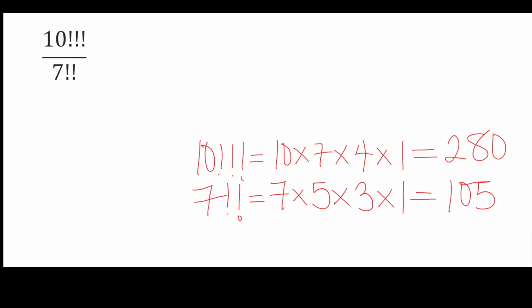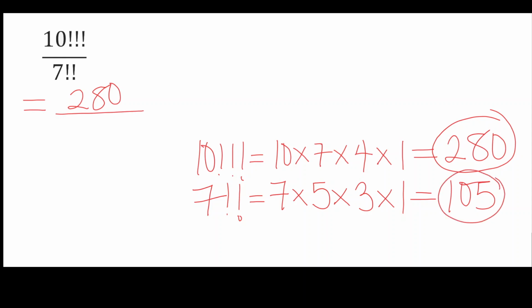So that's easy to do now. So let me quickly get that done. So I'm going to be having 10 triple factorial, which we have gotten to be 280. So we have 280 divided by 7 double factorial, that's 105.